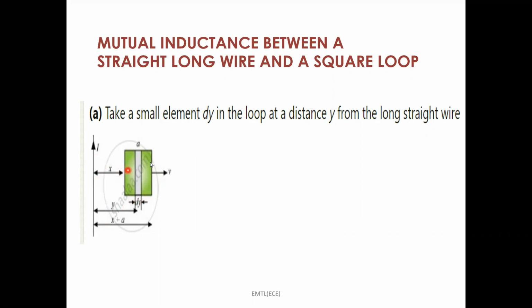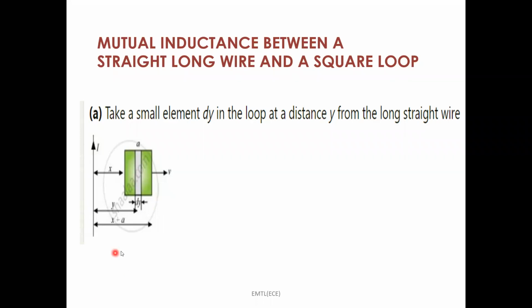The limits of the square loop along the width are x equal to 0 to x equal to a. That means the distance from the wire to the square loop's first end is x and the next end is x plus a.